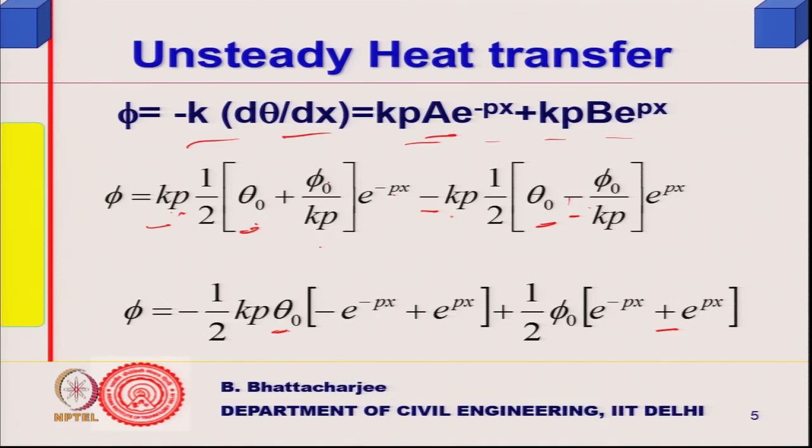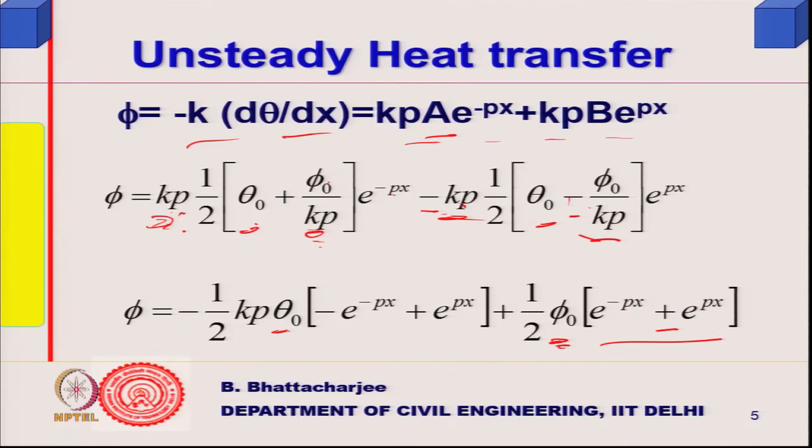Now since there is a kp in both the cases, the kp will cancel out and I'll be left with phi 0, because this kp divided by this kp, and this kp divided by this kp. I am trying to find the coefficient of phi 0, so it will come something like this.